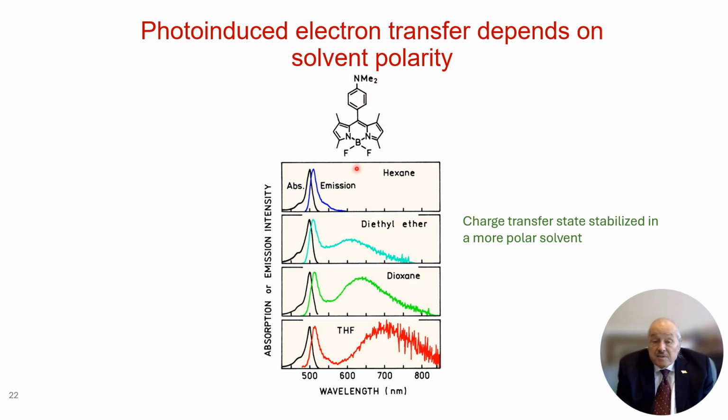If you put it into a nonpolar solvent, the charge shift doesn't have any effect because there's no solvent to relax. As you put it in more polar solvents, you begin to see a longer wavelength emission, and that's the emission from the charge shifted state, which doesn't have a chance to form in the absence of a polar solvent.